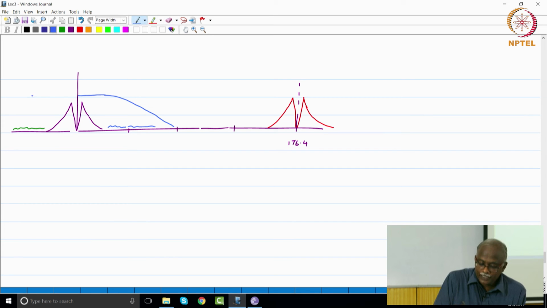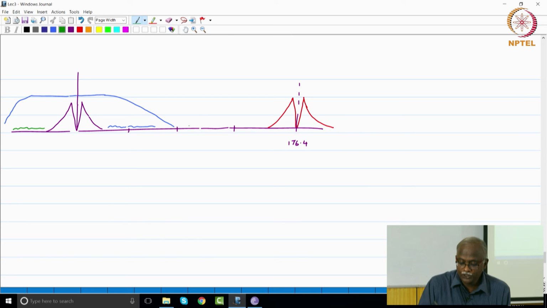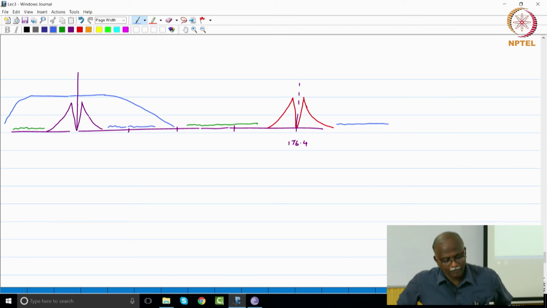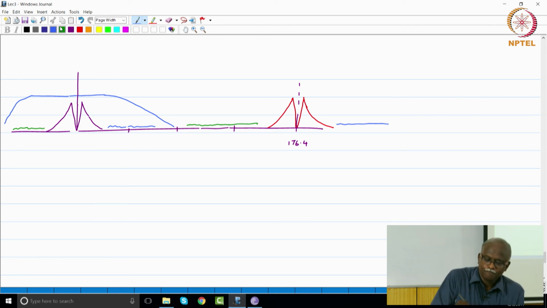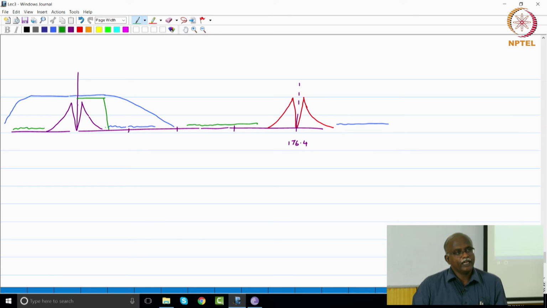When I do the sampling process, the images will be produced. So, there is some unwanted portion on this side, all of that is present, but the aliasing is not present. So, when I apply the digital filter, it will remove all the unwanted parts, and then I get the signal that is of interest to me.